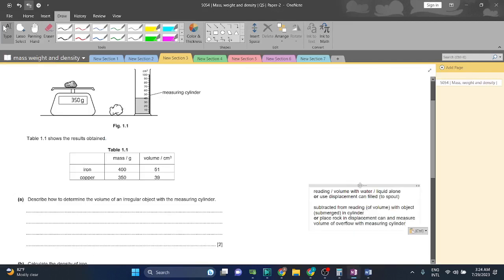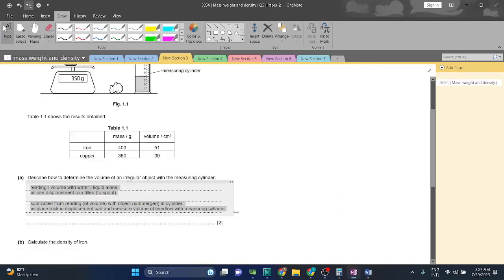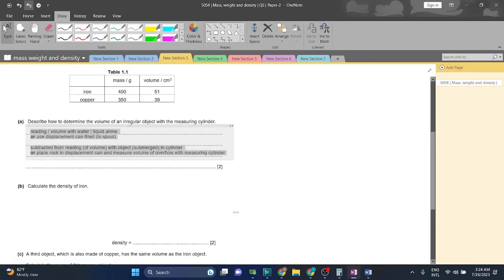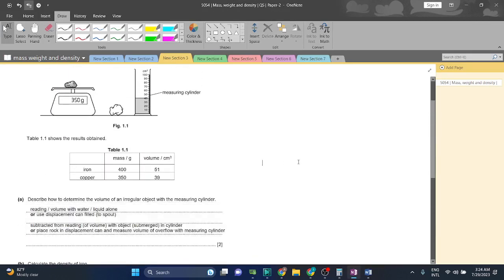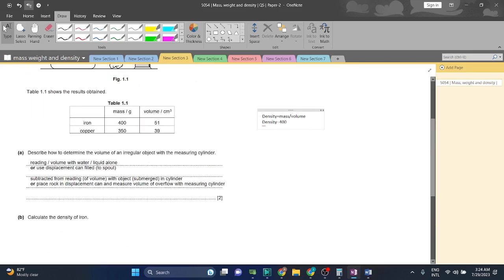So this is the answer. Calculate the density of iron. Density is equal to mass divided by volume. Density is equal to mass of iron, मास क्या होगा? 400 divided by volume क्या है? 51.